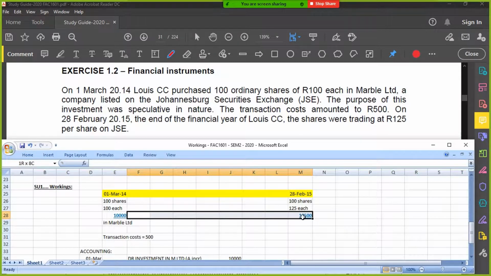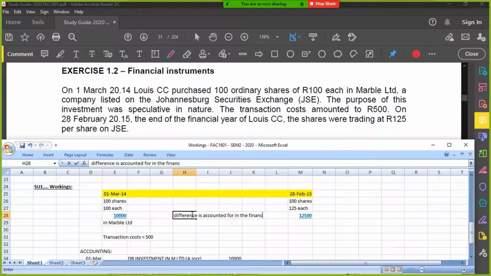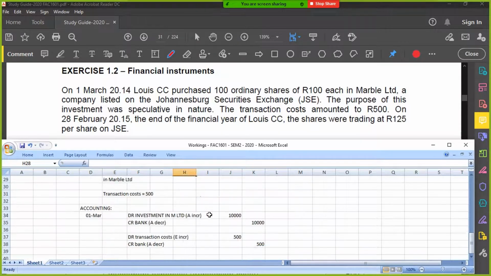Okay, so this is a fair value adjustment. Right, the difference is accounted for in the financial year. And it's a gain, it's a benefit, it's an income.